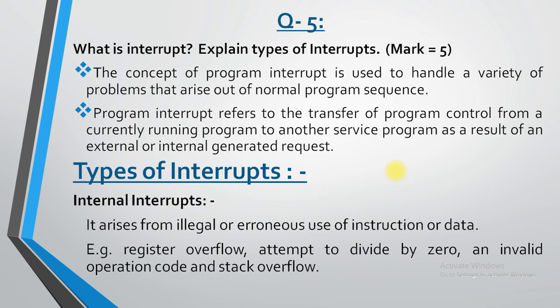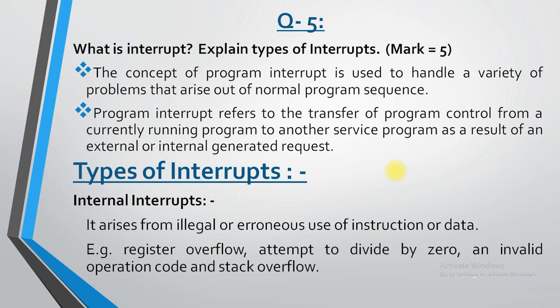The second question is: what is an interrupt, and explain the different types of interrupt. An interrupt is generated when you execute your program and it goes out of the normal program sequence.